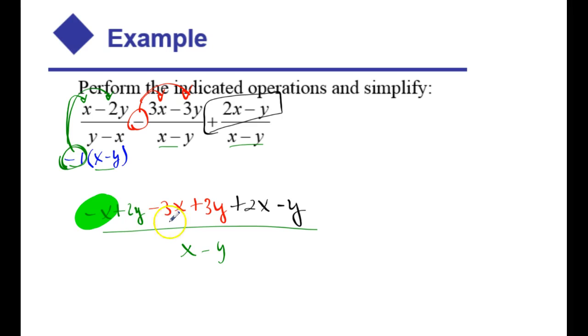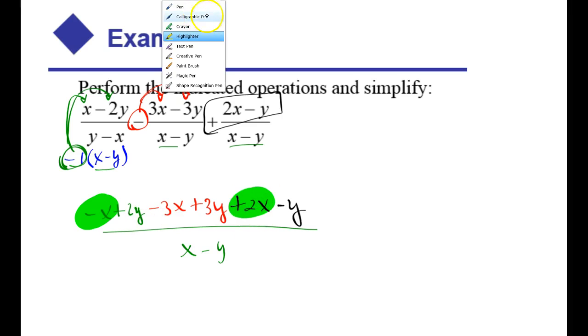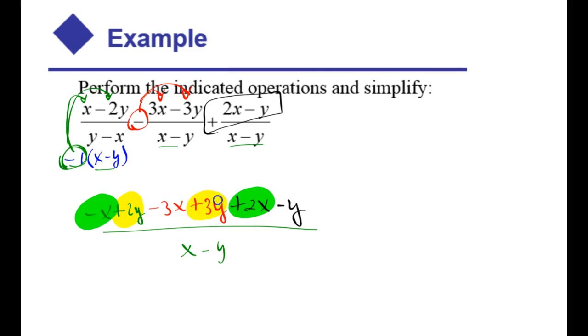So I've got a negative x and a 2x that will be alike. Here are my y terms, I'll highlight them in yellow. Oh, I've got one more x term, obviously. So I'm going to combine all of the x terms. Negative 1 minus 3 is negative 4. Negative 4 plus 2 is negative 2x.